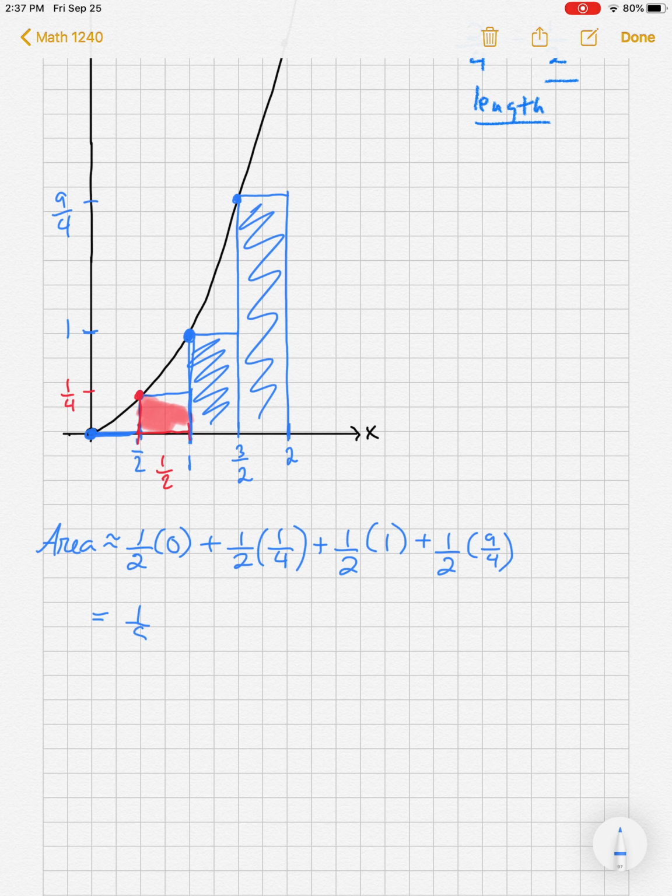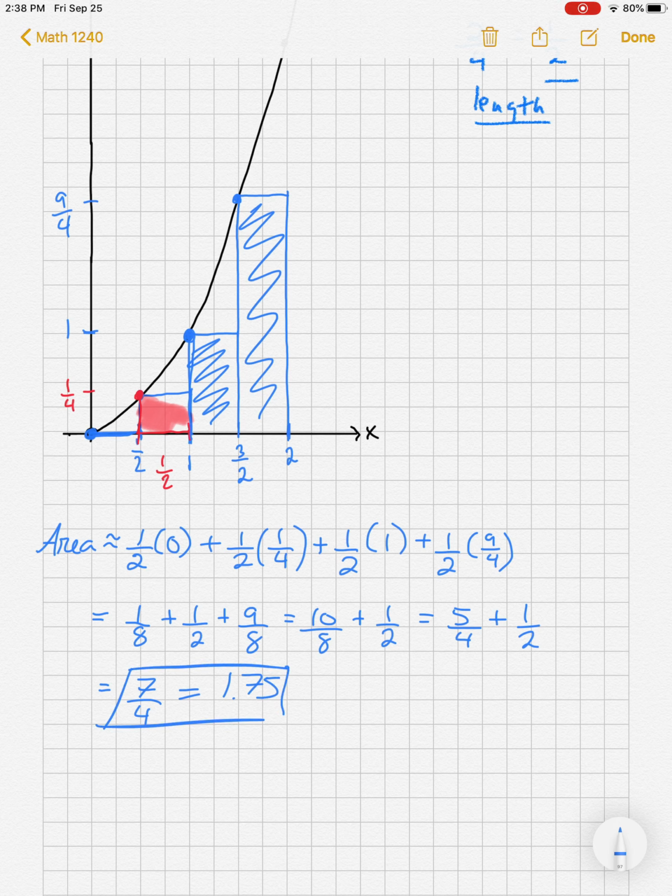Okay, so that's 0, that's an 1/8, plus a half, plus 9/8. 10/8 plus 1/2. 5/4 plus a half. So 5/4 plus 2/4, 7/4. So 7/4 is 1.75.